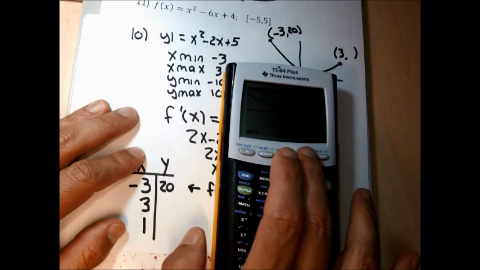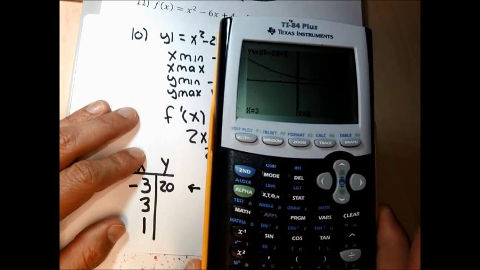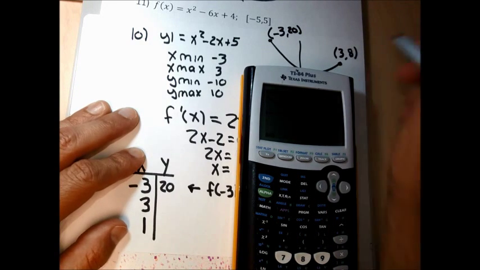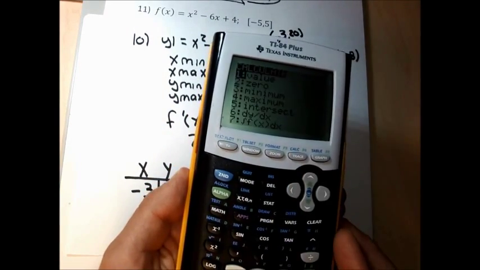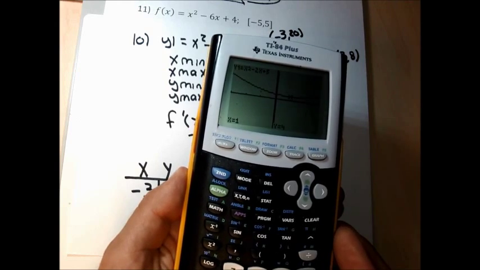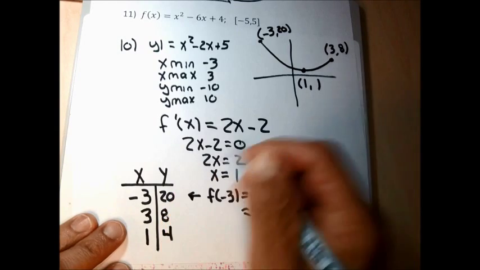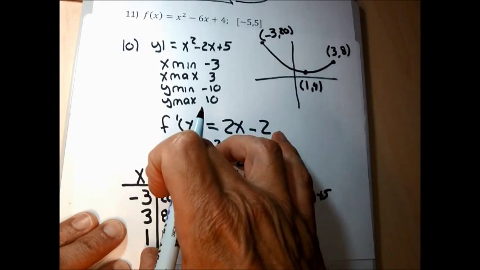So second calc value, type in 3, and I get 38, which is this far point out here. And the last one I'm going to do second calc value, type in 1, and I get 4, which is that point. So this graph and this table tell me the same things.